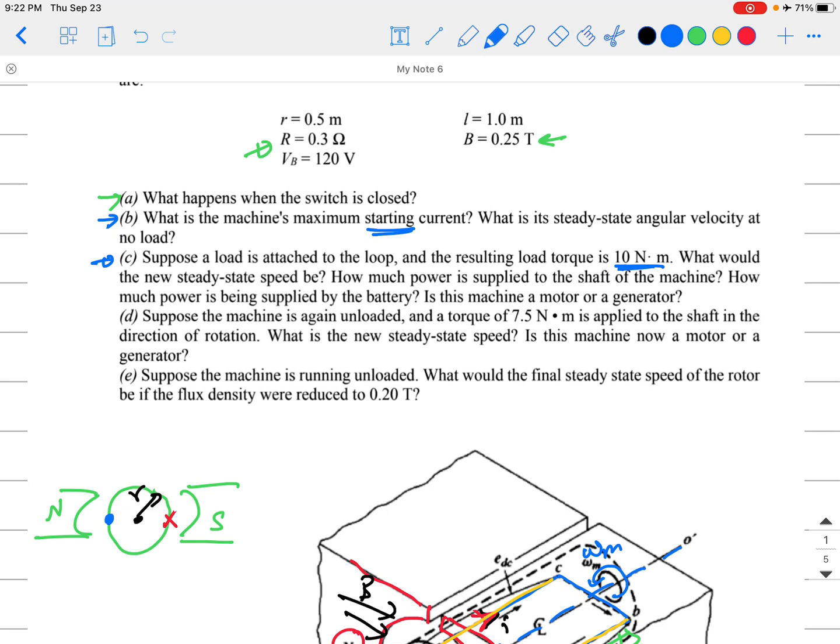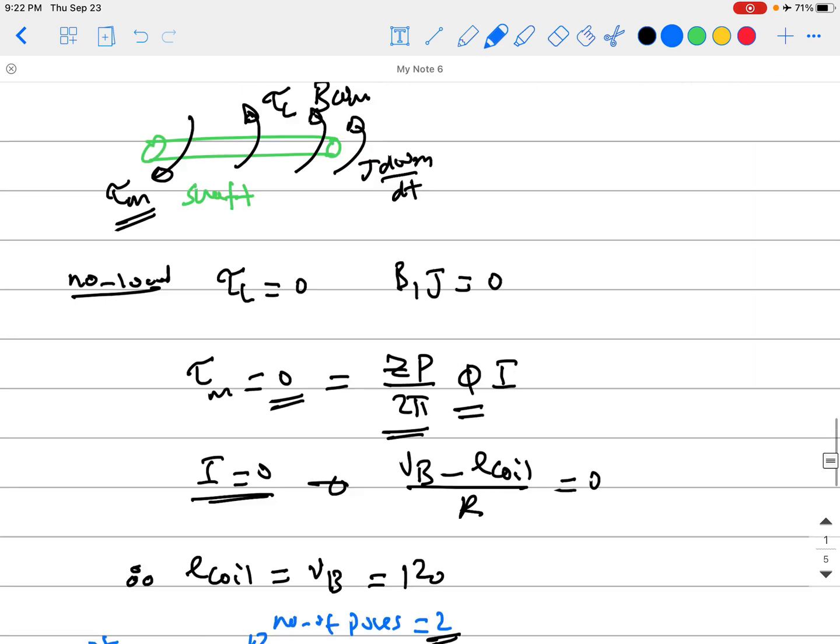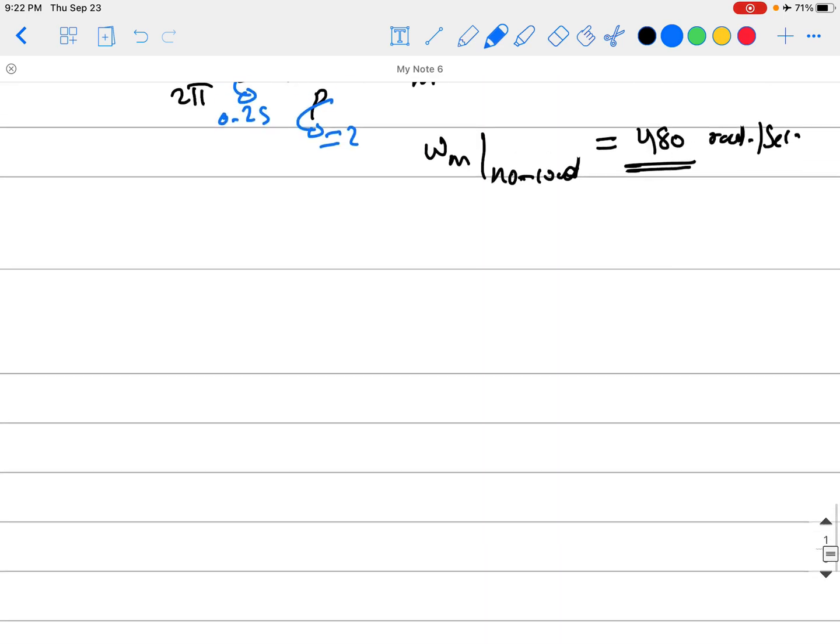How much power is supplied to the shaft of the machine? That is the mechanical power going out, and we'll be calculating this. How much electric power is being supplied by the battery? Is the machine now a motor or a generator? That's a good question. Okay, so we'll be solving this one by one.